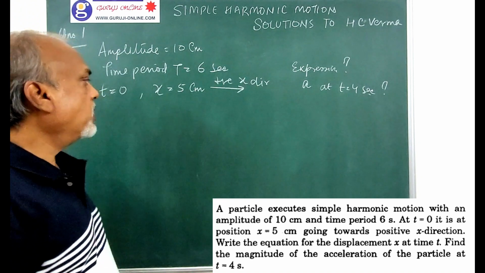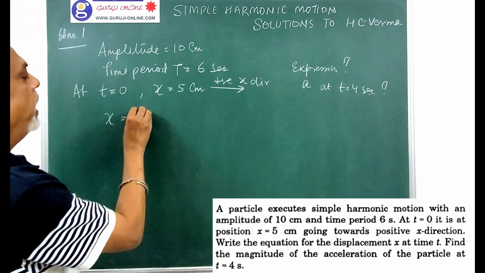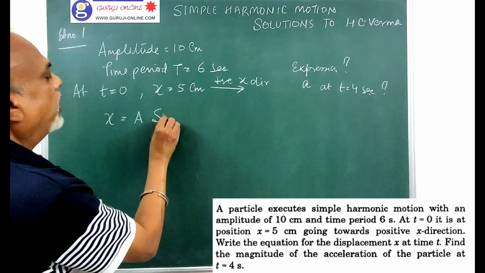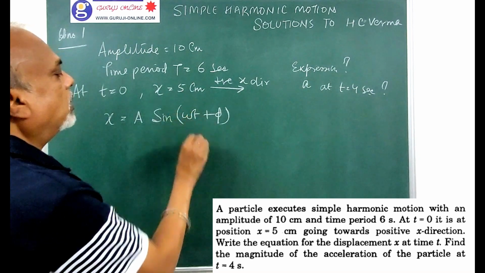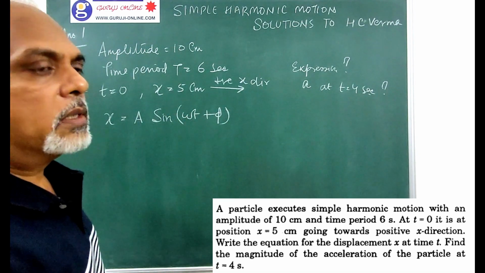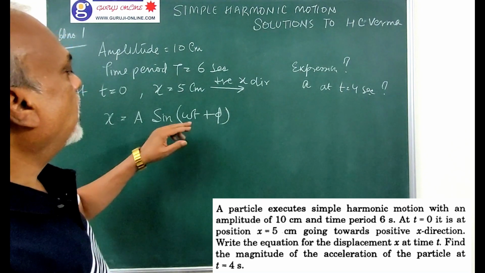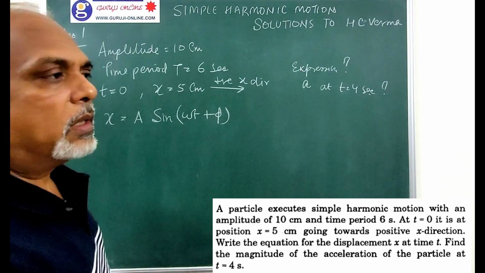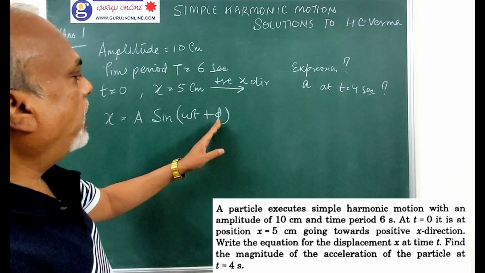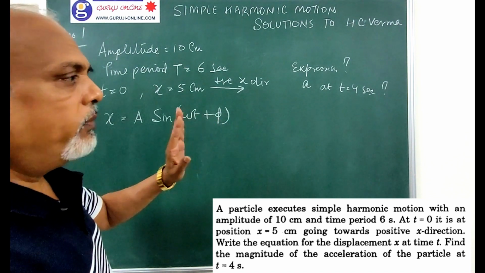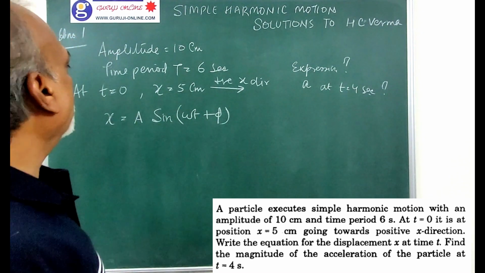Our general expression, you know, x is equal to A sine omega t plus phi. In this general expression, we have seen A is what? A is amplitude. Omega is what? That is angular frequency. t is time. And phi is basically phase constant. So let us see the given things.